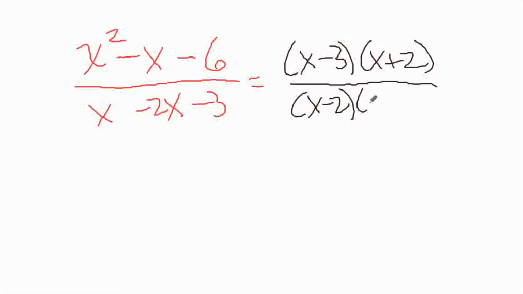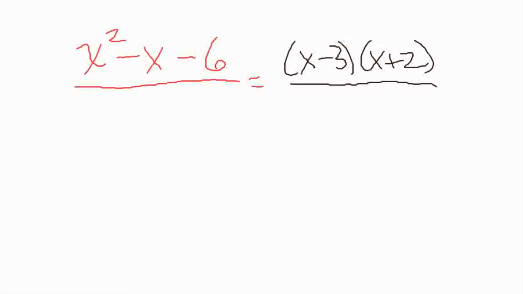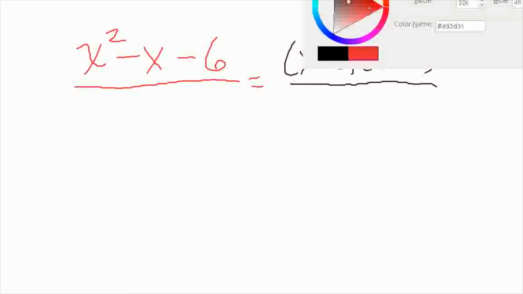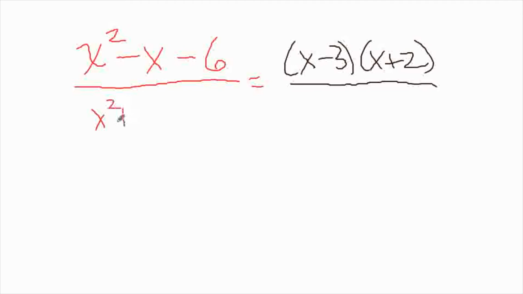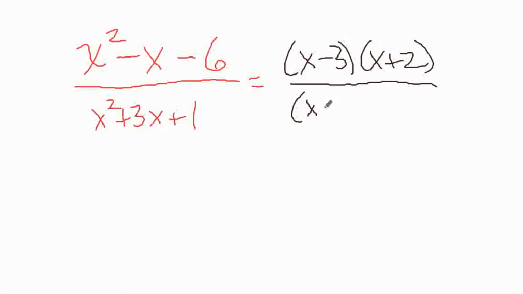Let's see. Actually, I need to fix the bottom one. The bottom one, you know what? Let me redo the bottom. The point is you're going to have to factor both of them. So now factoring would give us x. No, that's not going to work either.